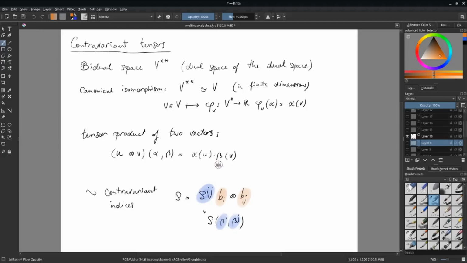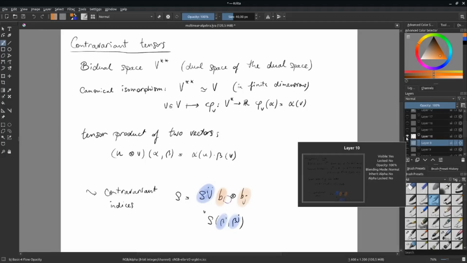And those are indeed an example of contravariant two-tensors, because my indices will be given by this S^{ij} with i, j contravariant indices, and my basis elements being simply the tensor product of my basis elements in my original vector space.